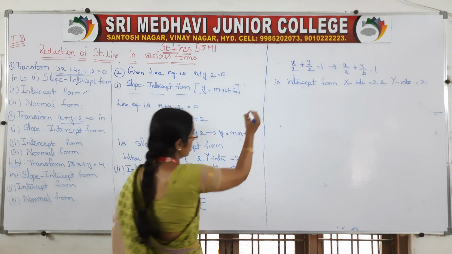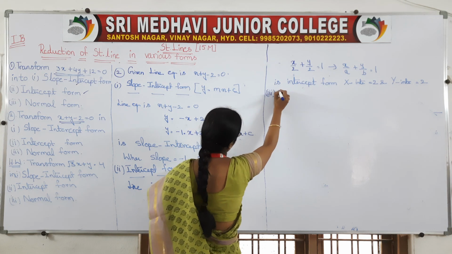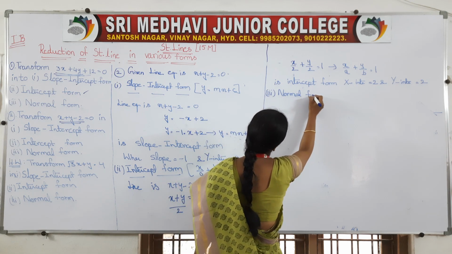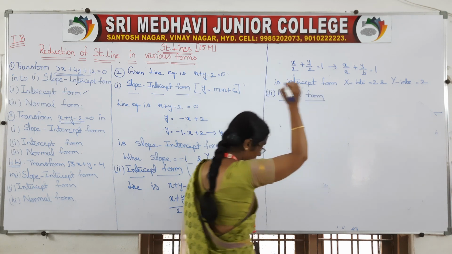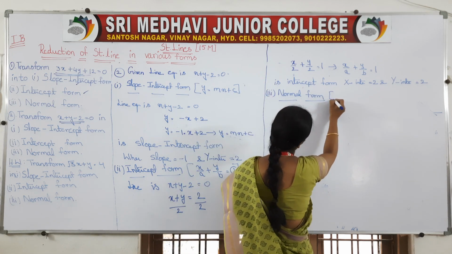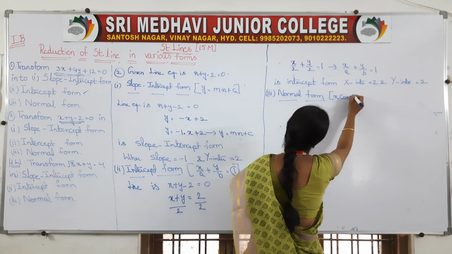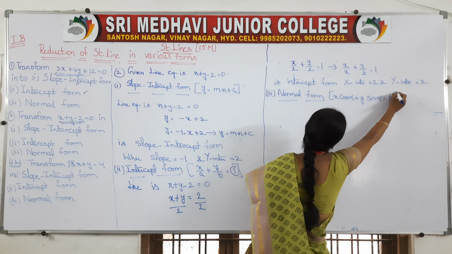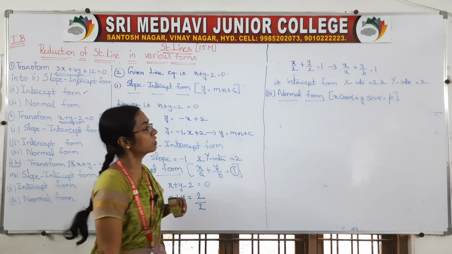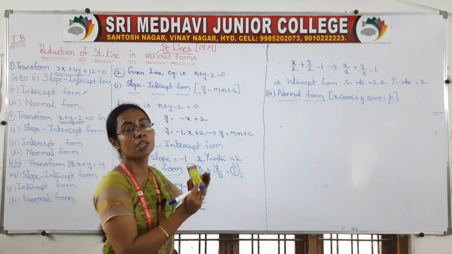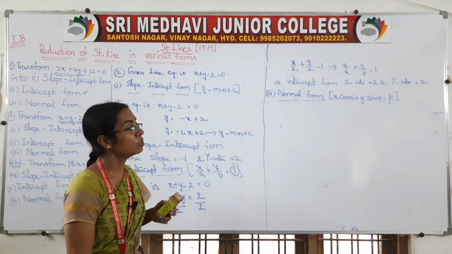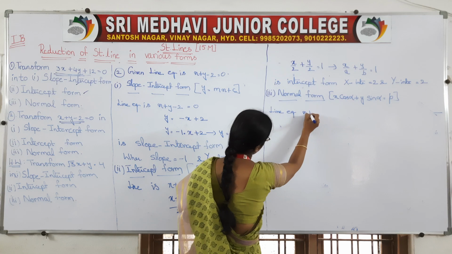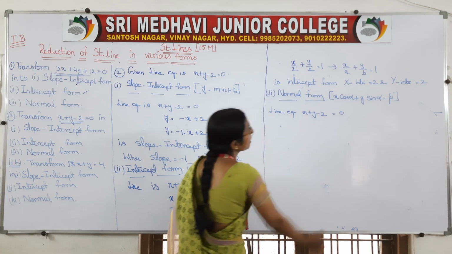Now come to the third one, normal form. What will be the normal form equation? It is x cos alpha plus y sin alpha is equal to p, and p should be positive. So we have to convert it into x times some constant plus y times some constant is equal to a positive value. We take the same line equation and convert it into different forms.